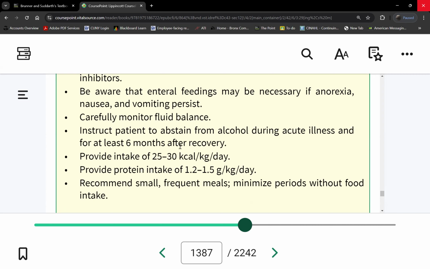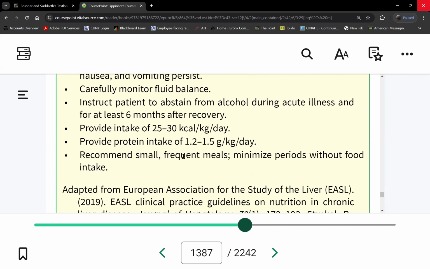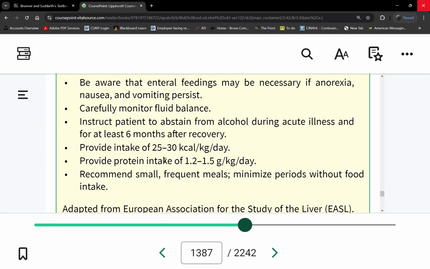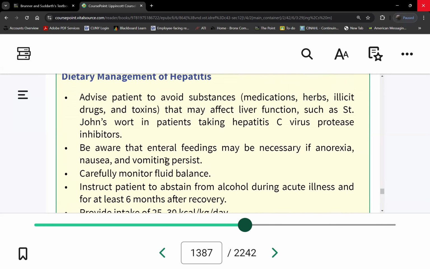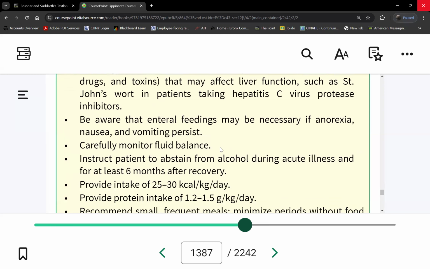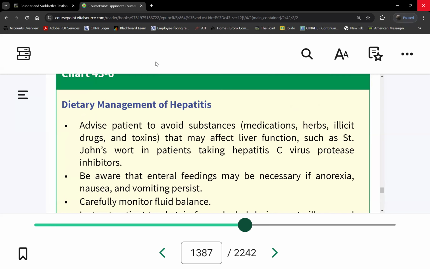This will apply also when we get to liver disease, which is cirrhosis. So small, frequent meals, so the liver doesn't have to work so hard with a big meal. And of course, fluid replacement is necessary when you have the acute symptoms of nausea, vomiting, and diarrhea.